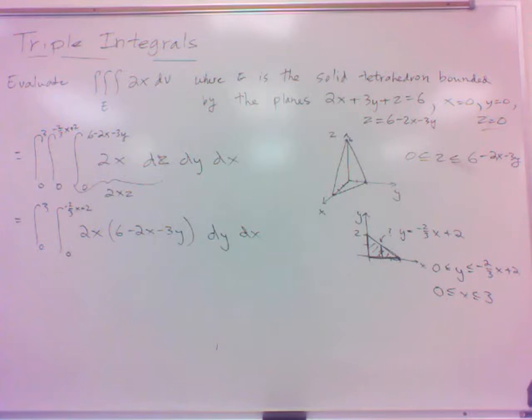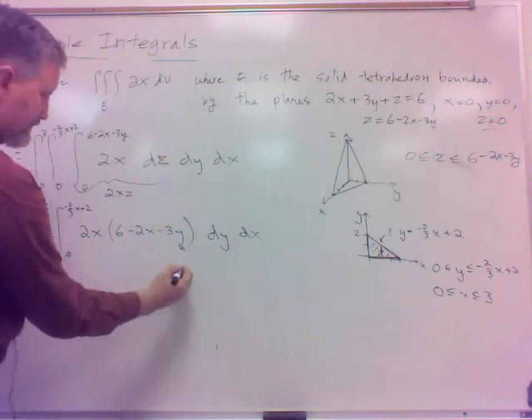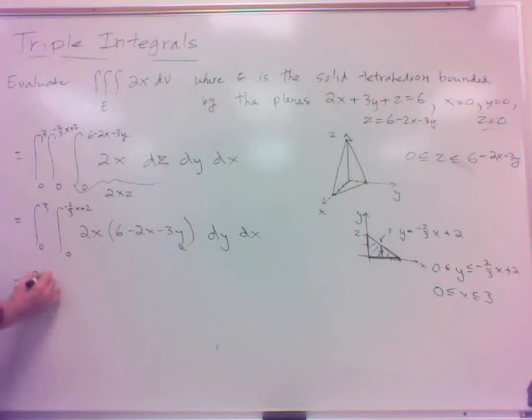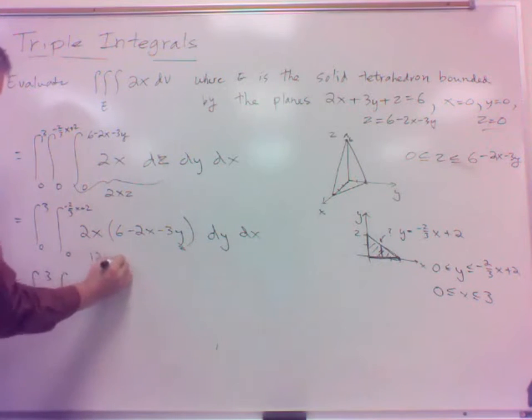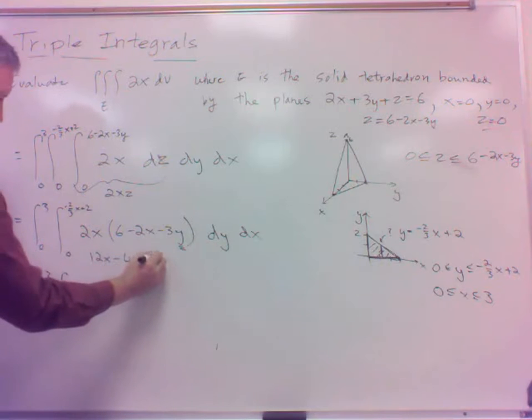We don't really even have to distribute there because all we've got is the y. You can go ahead and distribute if you want to, but it's not going to change anything. That'd be 12x minus 4x squared minus 6xy.